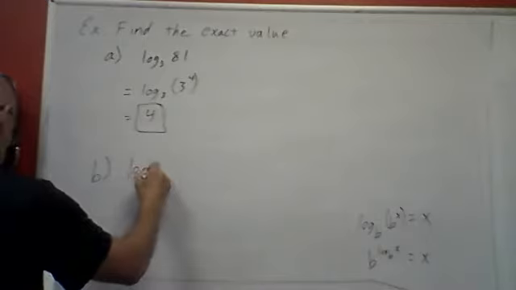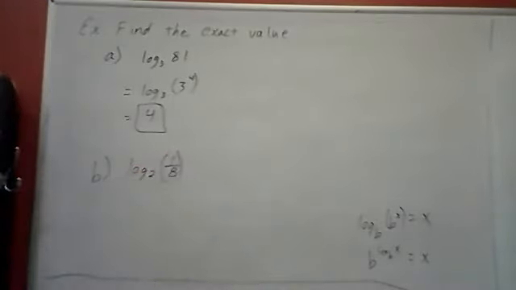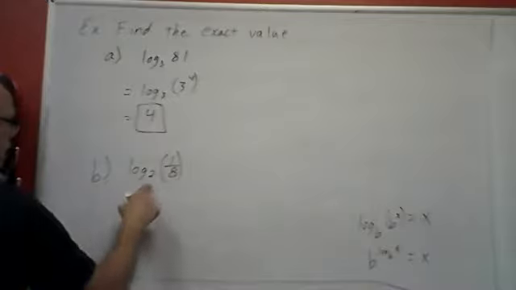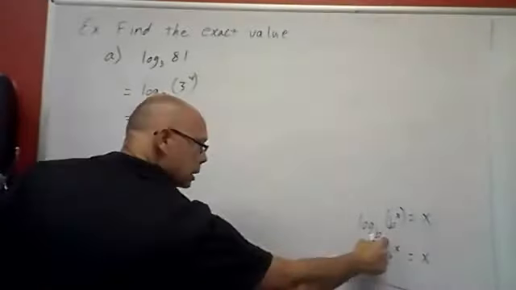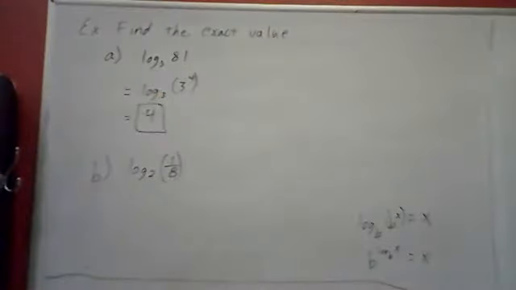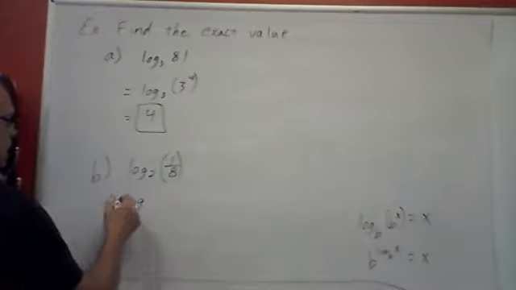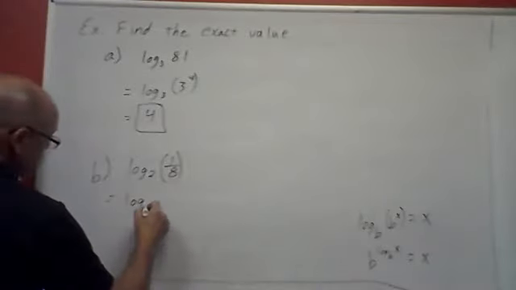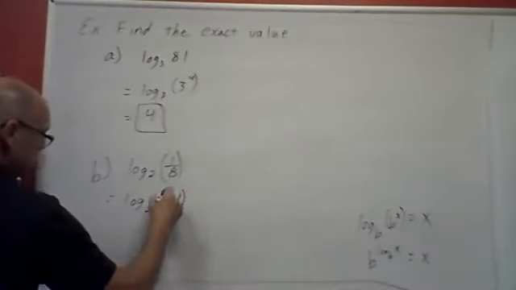What about the log base 2 of 1/8? Well, let's see. I'm going to try to get this 2 to match a 2 in here, kind of like this part right here. First of all, this is the same thing as log base 2 of 8 to the negative 1 as my exponent, right?